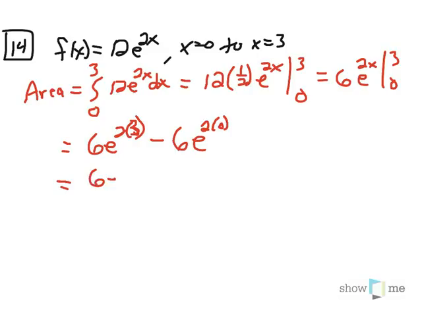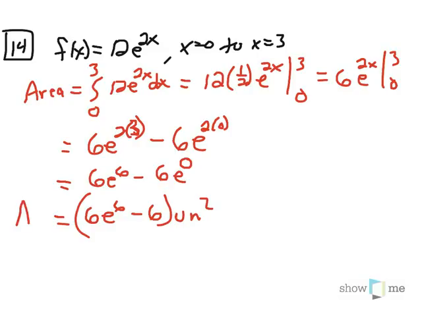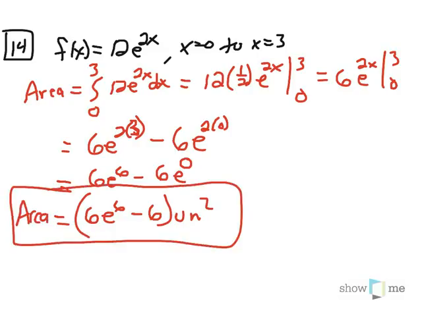Two times 3 is 6. 2 times 0 is 0. This gives us an exact answer of 6e to the 6th minus 6. E to the 0 is 1. 1 times 6 is 6. This is an area, so we would say it's square units. It's area because the directions say to find the area.